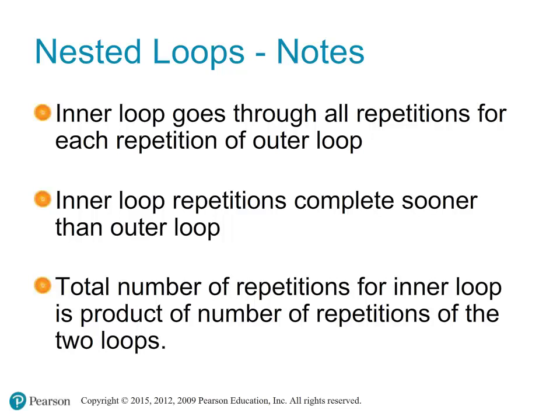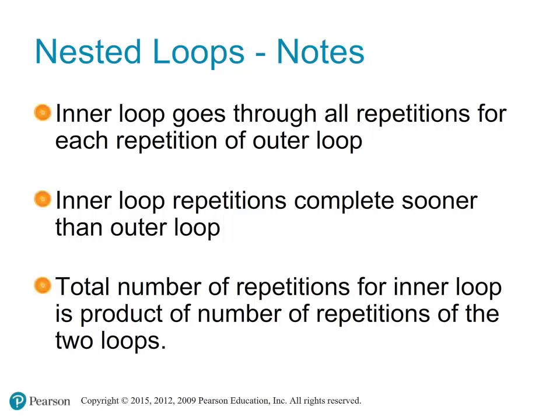For every single iteration of the outer loop, the inner loop goes through all its repetitions. This means if the outer loop runs n times and the inner loop runs m times, the inner loop's body will execute a total of n multiplied by m times.